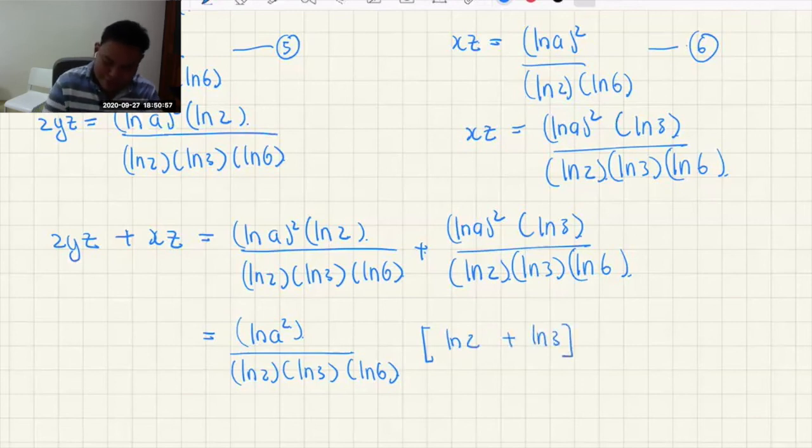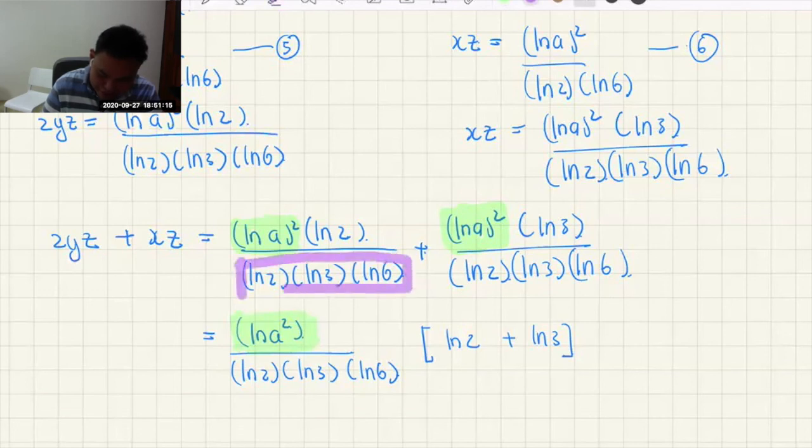So we have a common factor here. Ln a square is a common factor here. All this denominator is also a common factor. Then we can factorize them.